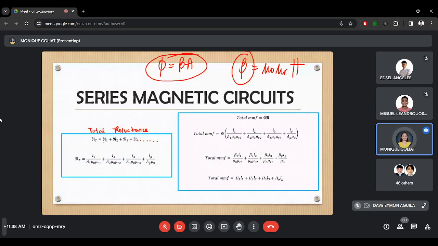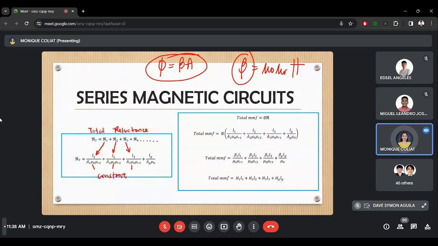Okay, so you just have to put their respective formula. So we have R1, which is L1 over A1 mu O mu R1. Dahil constant naman si mu O or absolute permeability, wala na siyang number. Kasi constant naman, no?